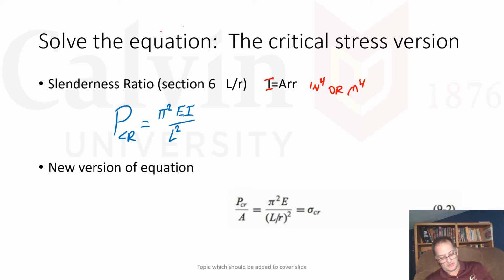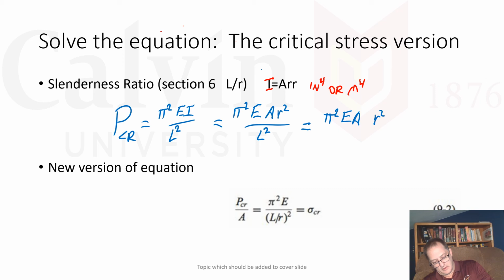Now I'm going to substitute A r squared in for I. So it's pi squared E times A r squared over L squared.